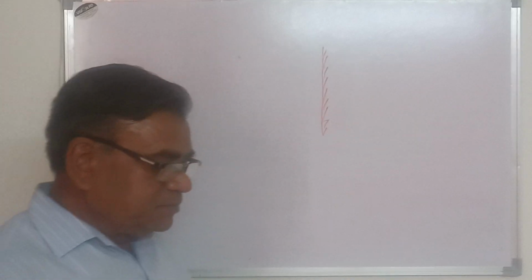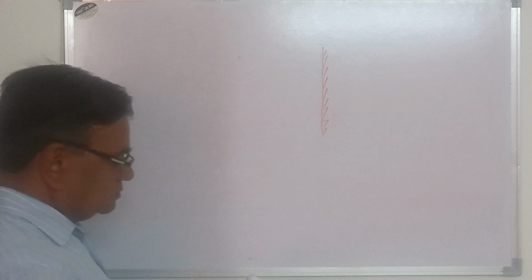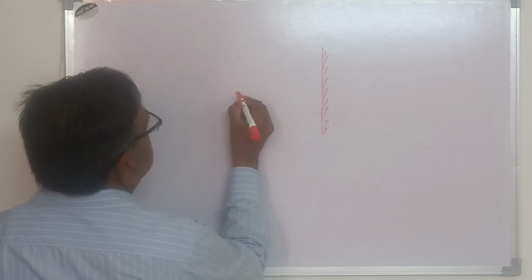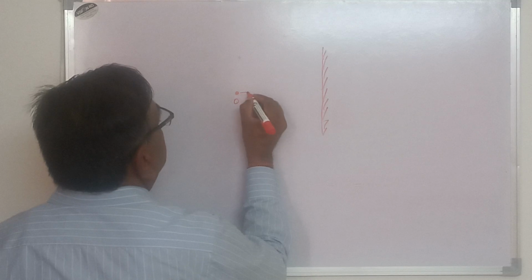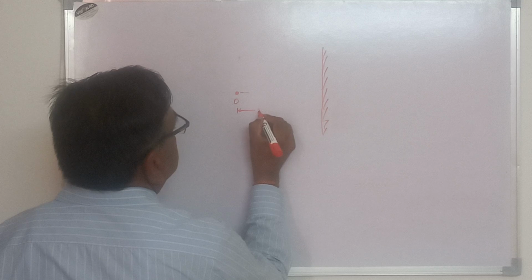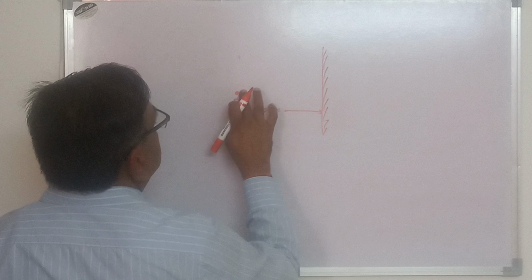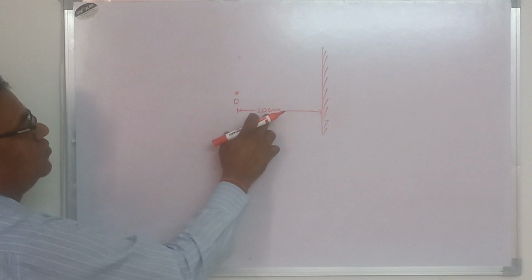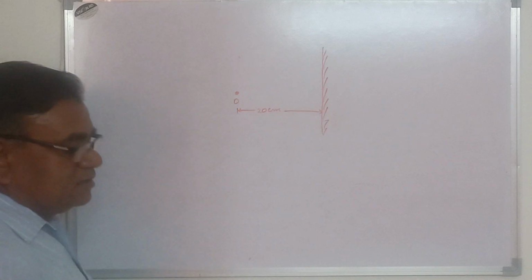ये मिरर है और ऑब्जेक्ट 20 सेंटीमीटर इसके यहां पे रखा हुआ है, ये है O ऑब्जेक्ट. This distance is 20 centimeter. क्या कह रहा है कि this object is put 20 centimeter in front of the mirror.